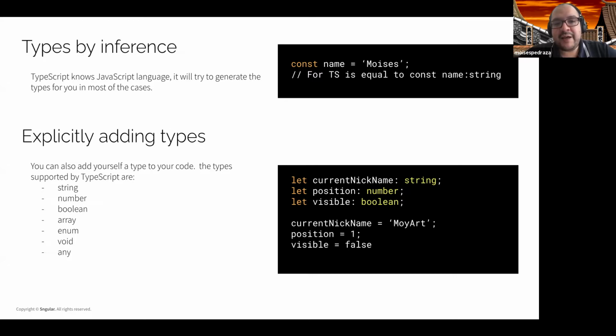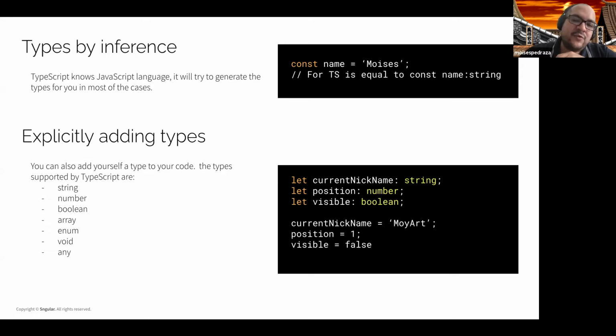In this example, I have a const name and I am doing equal a string. So for TypeScript, when I'm assigning the value for the first time for that variable, in this case a const, TypeScript is looking that it's a string. In this case it's a constant, so we are not supposed to change the value, but let's think that it was a let.